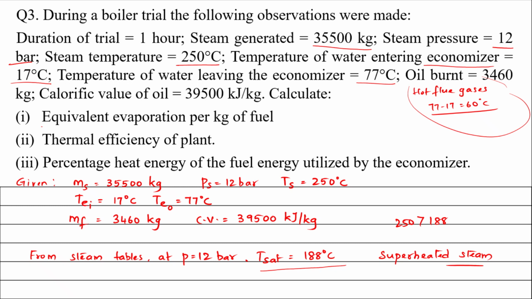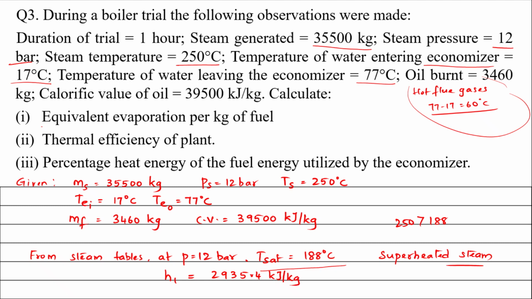Now what I can do is take the enthalpy values for superheated steam. Firstly, at the pressure of 12 bar and a temperature of 250 degrees Celsius, I can find out the specific enthalpy of steam, and I am getting it as 2935.4 kilojoule per kilogram.